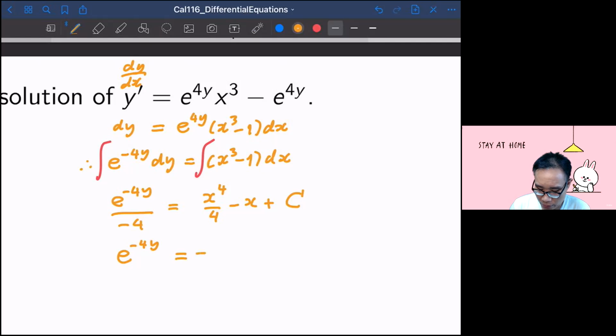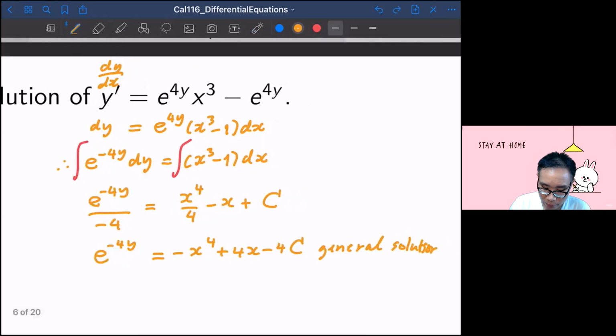So it's going to be negative x to the 4th plus 4x minus 4c, okay? So this one will be your general solution. And this would allow you to have the solution in this form.